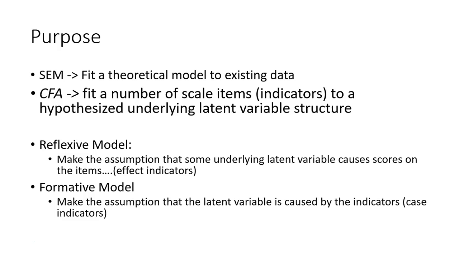In that case, the items are called cause indicators because they cause the latent variable, and the arrows point from the indicators to the latent variable. That's pretty rare in confirmatory factor analysis because, according to the common factor model, what we most often specify is a reflexive model that says the underlying latent variables are the cause of the indicators. In which case the indicators are called effect indicators because they're effects, and the arrows point from the latent variable to the scale items, or to the indicators.